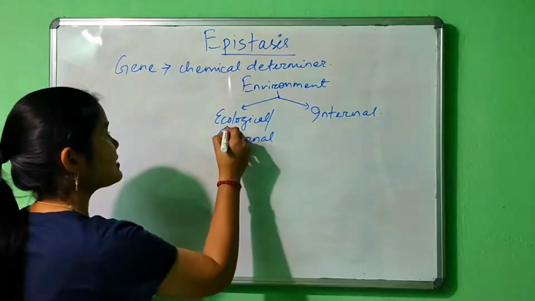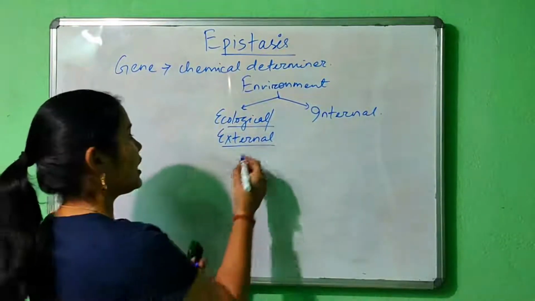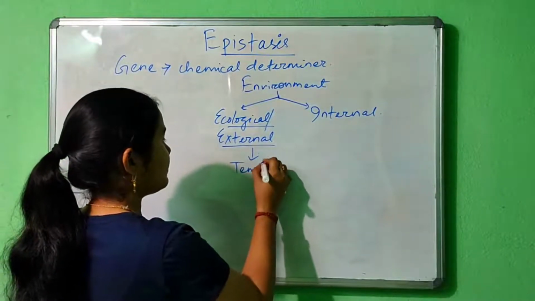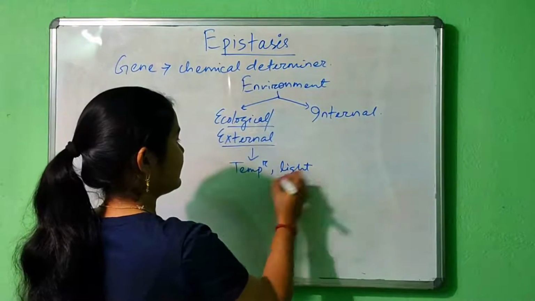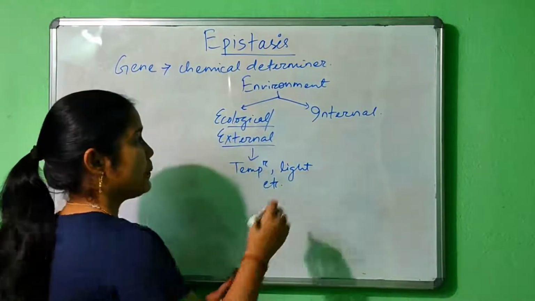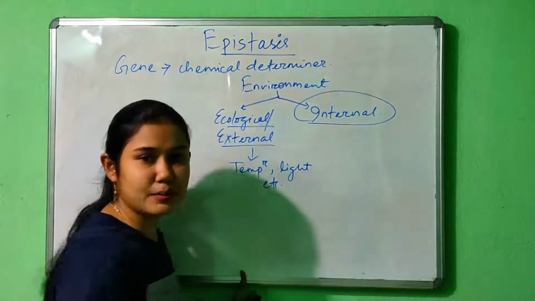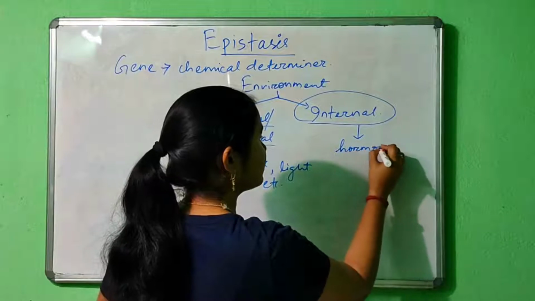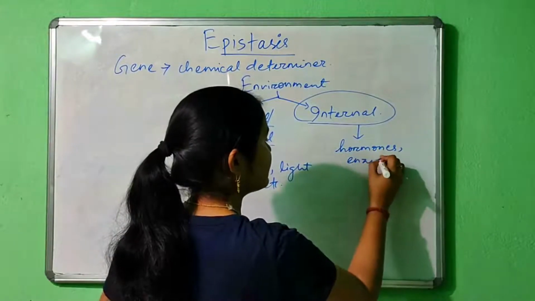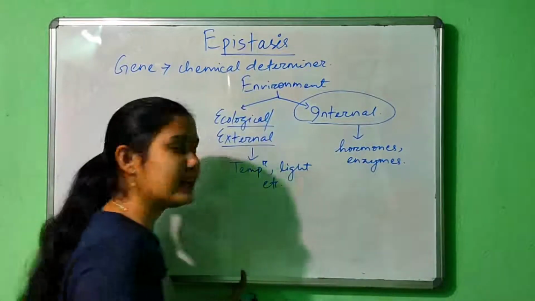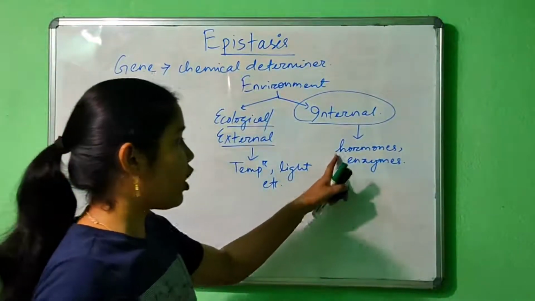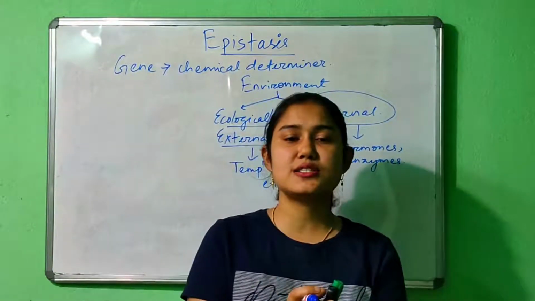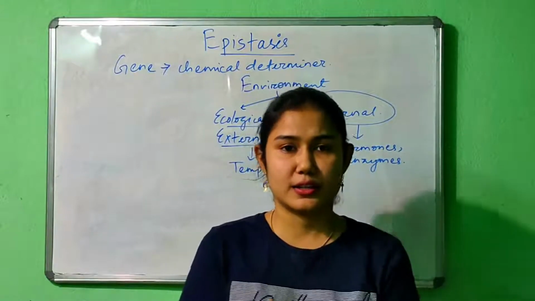So when we say ecological or external environment, we generally refer to temperature, light, these things. But when we say the internal environment, we generally refer to hormones and enzymes. Clear? So these hormones and enzymes are ultimately controlled by what?